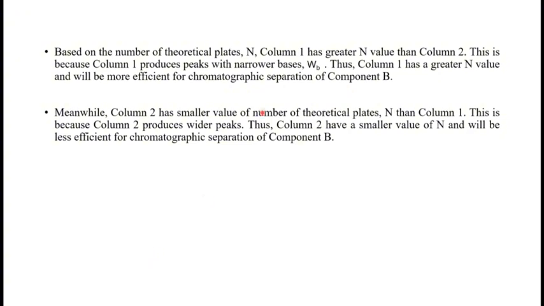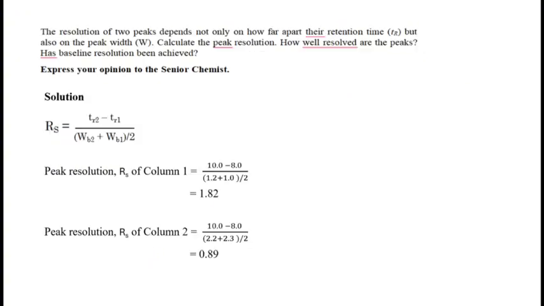For part 2, we need to calculate the peak resolution and determine which one is well resolved, and also determine whether column 1 and column 2 achieve baseline resolution. So the solution is, first step is we need to calculate the peak resolution.